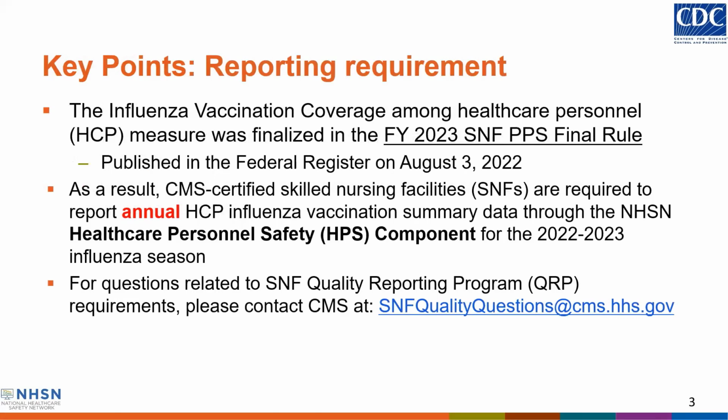Before we go further into the presentation, as a reminder, the influenza vaccination coverage among healthcare personnel measure was finalized in the final rule linked in this slide. If you have any questions, please contact CMS at the address on the slide.